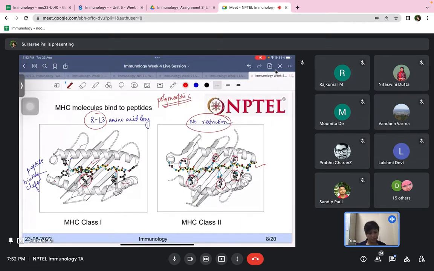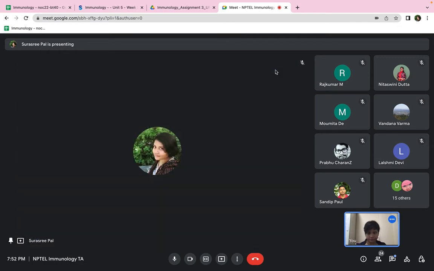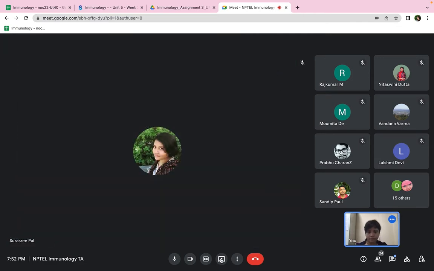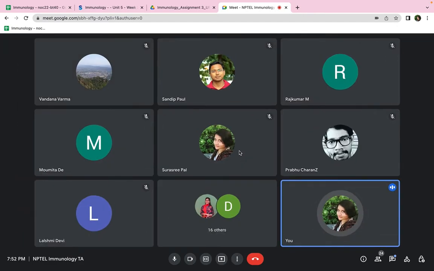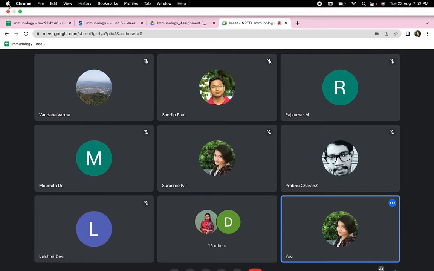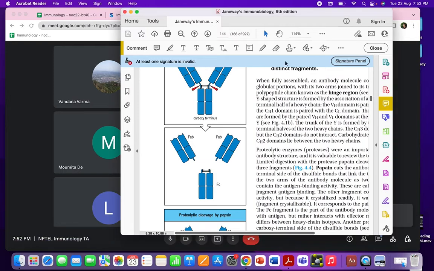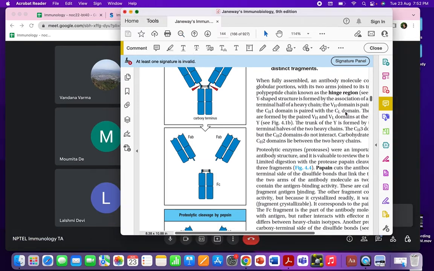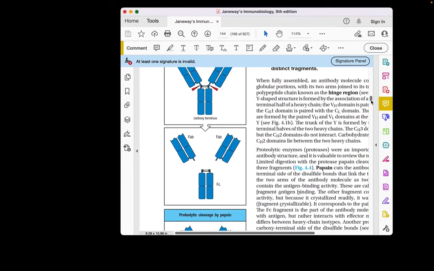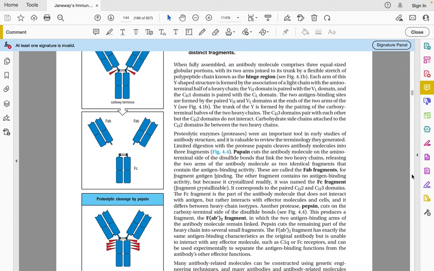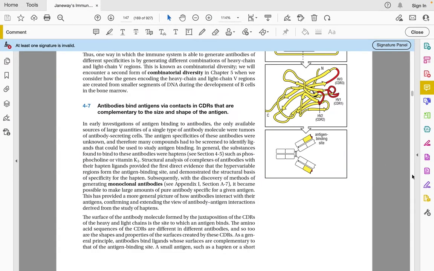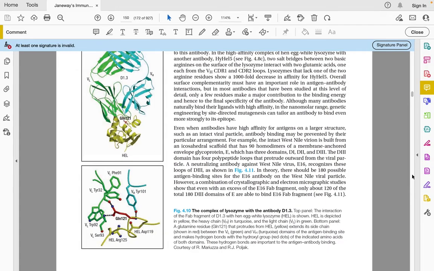Just wait, I can show you once. This particular thing that you're asking is there in this book. Let me go to that page once and then show the screen.